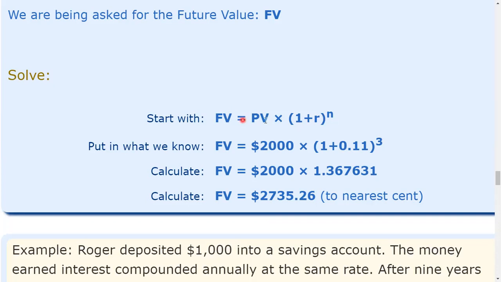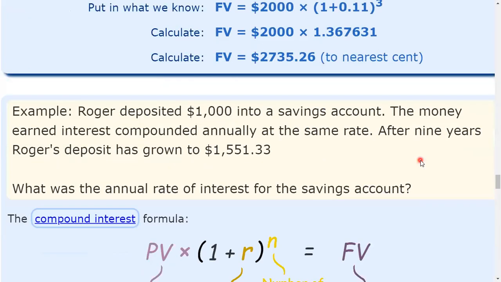So you must note that for compound interest, the future value is calculated from the principal amount or present value which is being invested, and then 1 plus the fractional decimal rate of interest, all raised to the power n, that is the number of periods. I'm sure this is very simple, and I will put some questions to you at the end. So we are just moving to the next one.